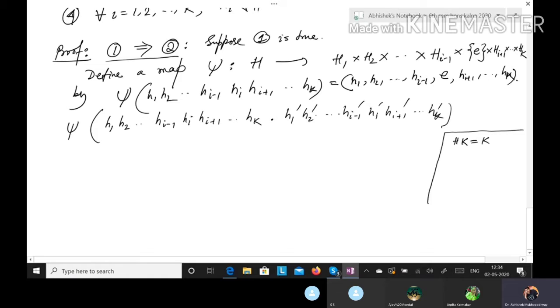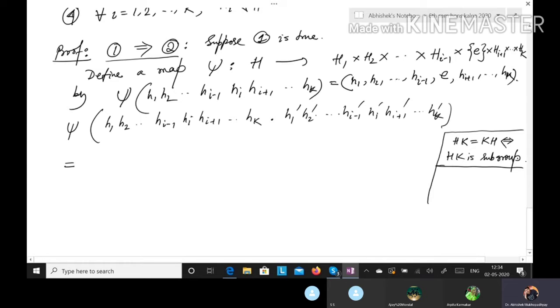HK is KH if and only if HK is a subgroup. So using this for finitely many products, this one, HK is a subgroup.